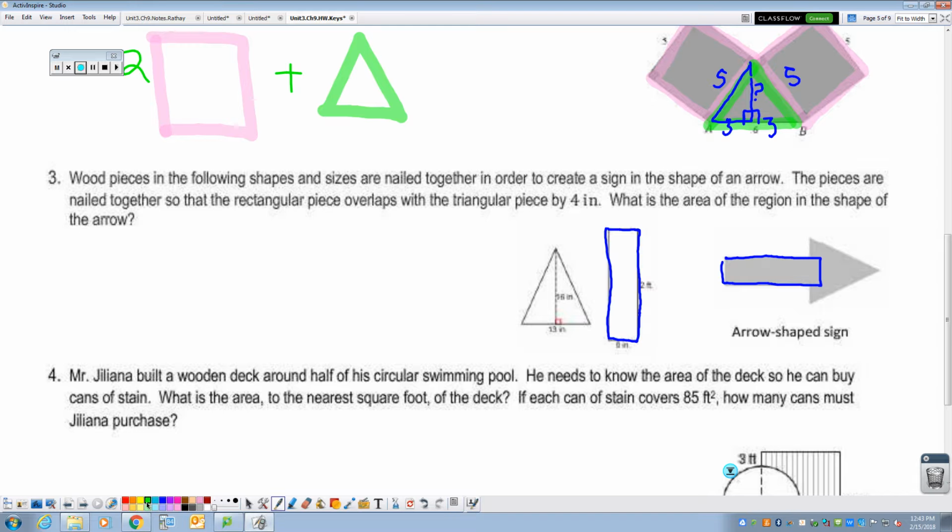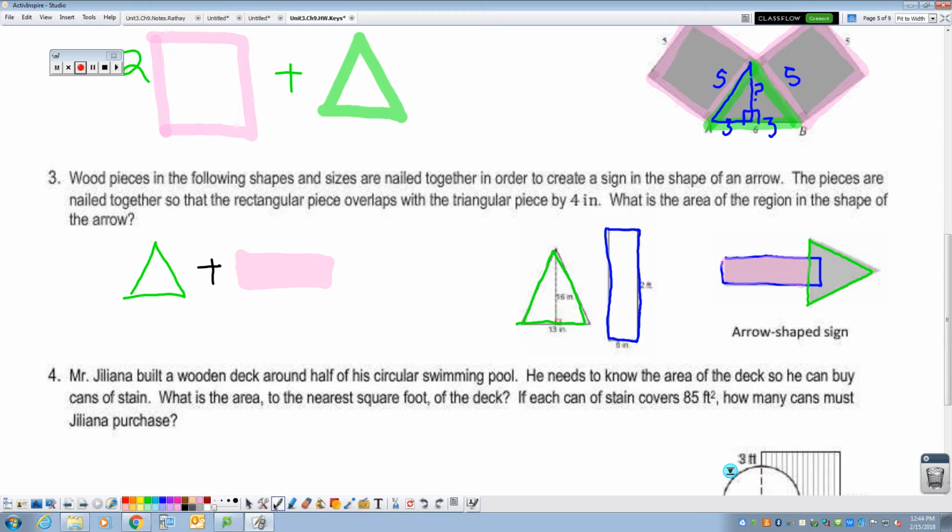We're actually going to have to take the area of the triangle. That's my first piece. I could get that area of this green triangle. And I'm going to add in the area of a rectangle, but not the rectangle that you were given. The rectangle I'm adding to the triangle is this one. Now that's not my blue rectangle.